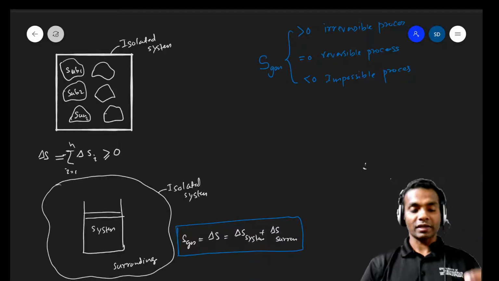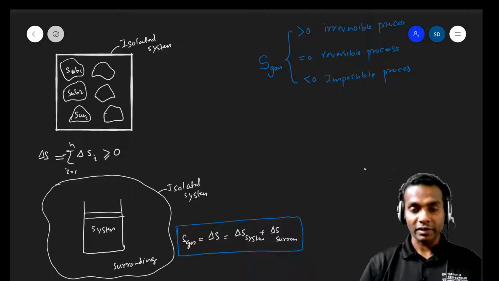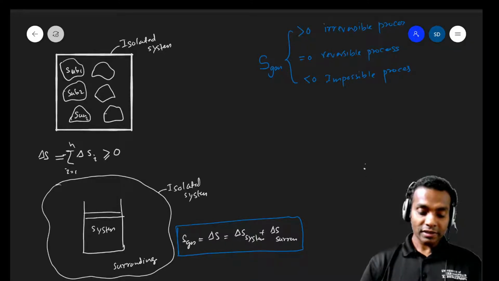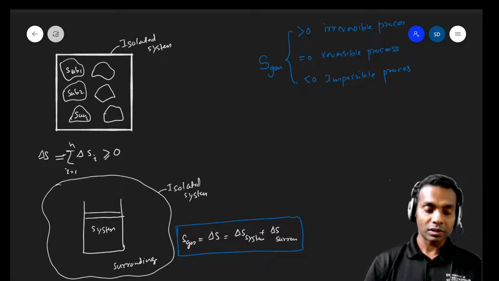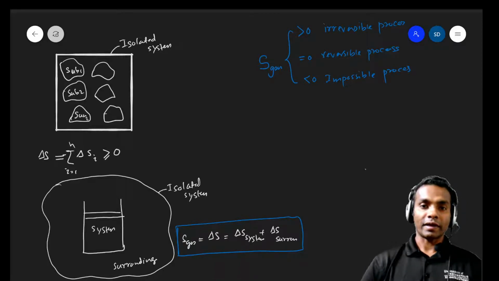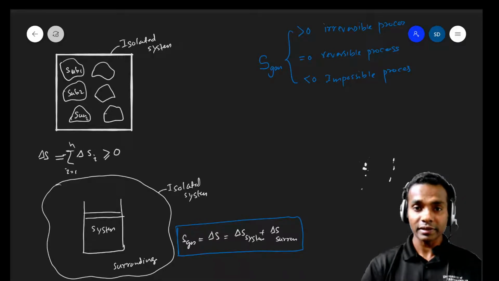So if you want to check the validity of a process, you can find the entropy generation and say whether it takes place or not. So in this video, we talked about the increase of entropy principle, and we found that for an irreversible process there could be a positive entropy generation inside the system other than the entropy transfer through the heat.